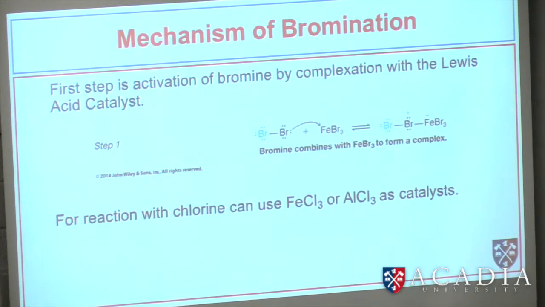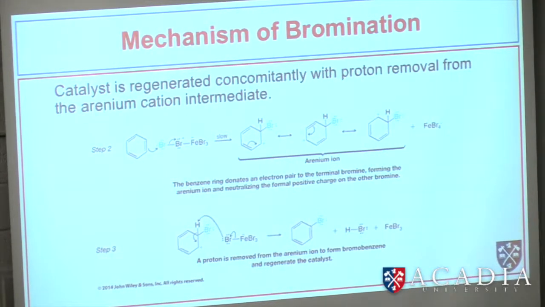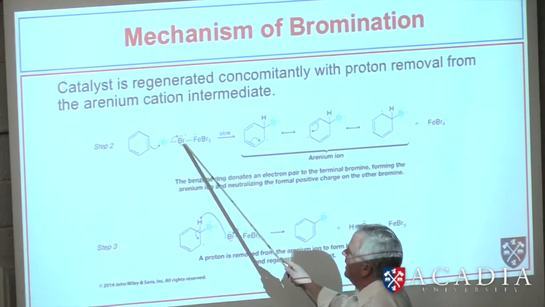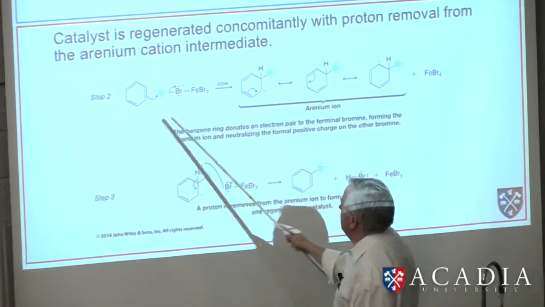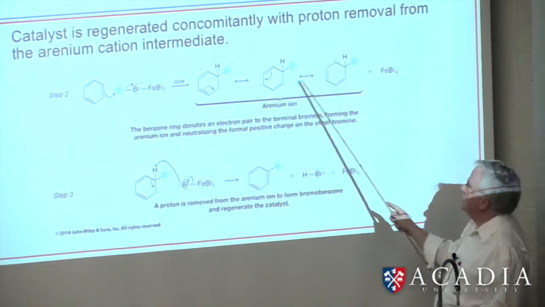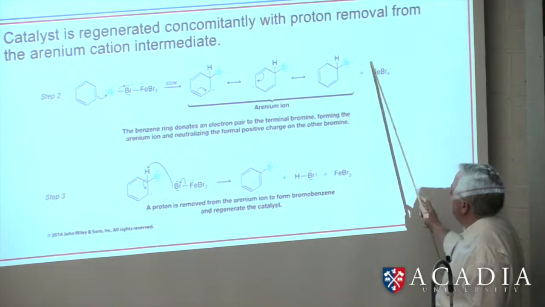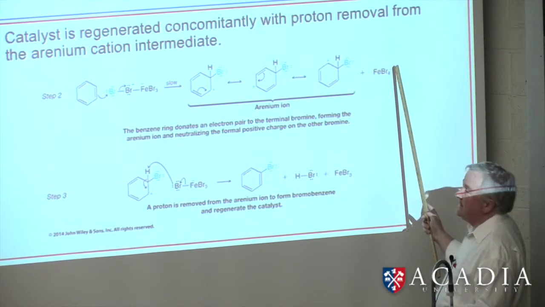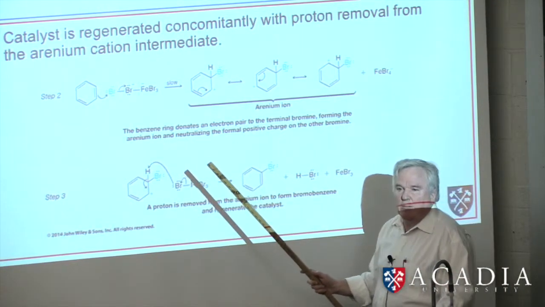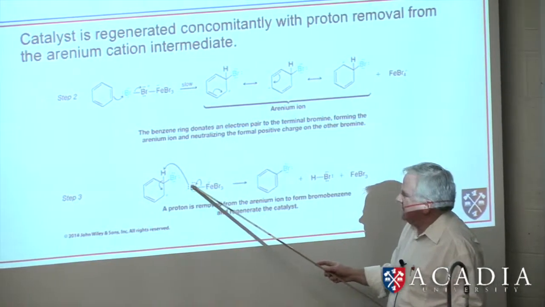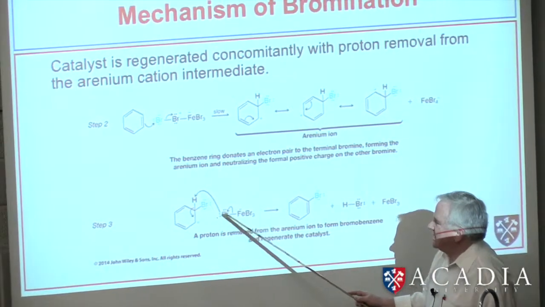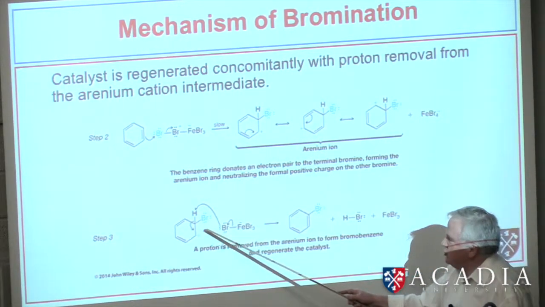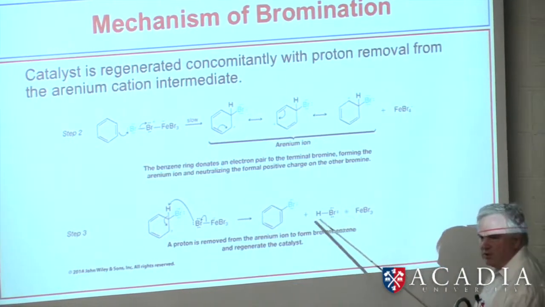So the second step of the reaction then is the actual electrophilic aromatic substitution reaction. This souped up electrophile reacts with this crappy nucleophile to form our arenium ion intermediate. And the other byproduct now is this FeBr4 with a negative charge on it. The next step is just the Bronsted acid-base reaction, and this is our base, and notice how it's a bit complicated. This is actually kind of entropically favored because we have two molecules coming together to form three molecules in this step.